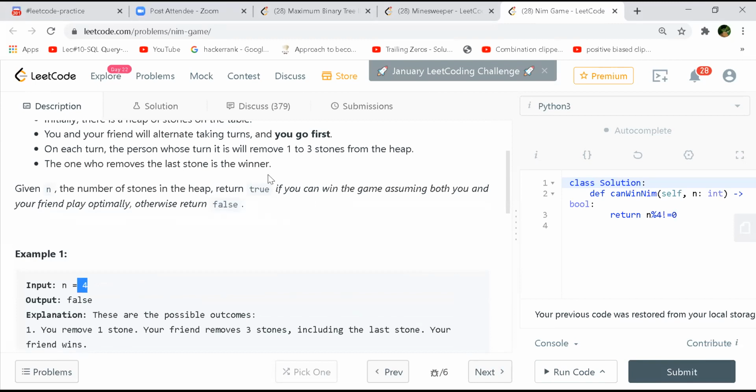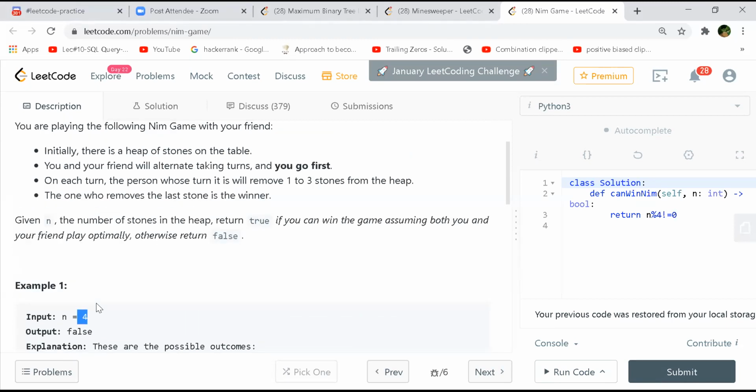The one who removes the last stone, right? So whatever, let's say 4, whatever n is there, if you take the remainder and the last stone, if we get some remainder and that is the last stone which I pick, then I'll win the game in that case.